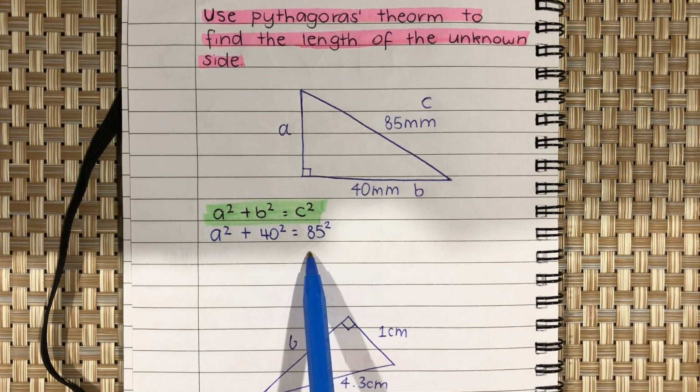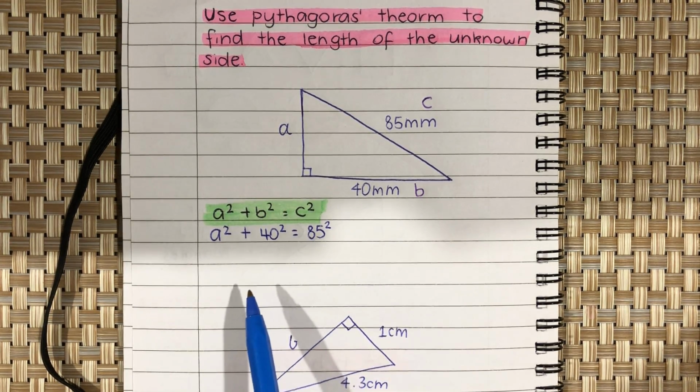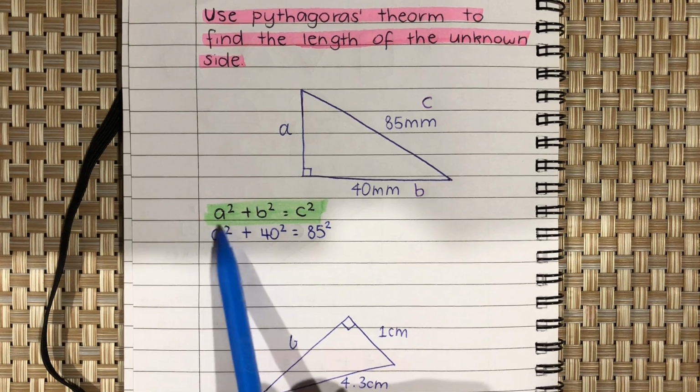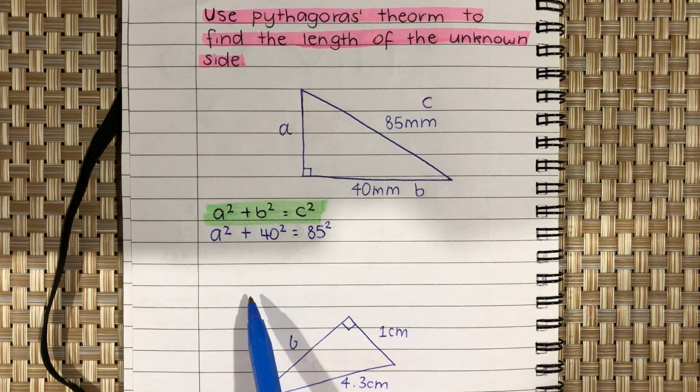85 squared. Now this is where you need to use your knowledge of how to rearrange an equation to find an unknown pronumeral. You also did this in financial maths.